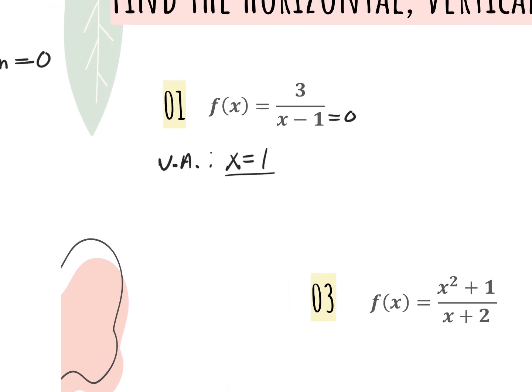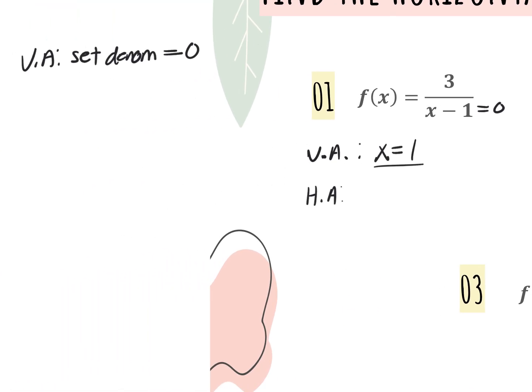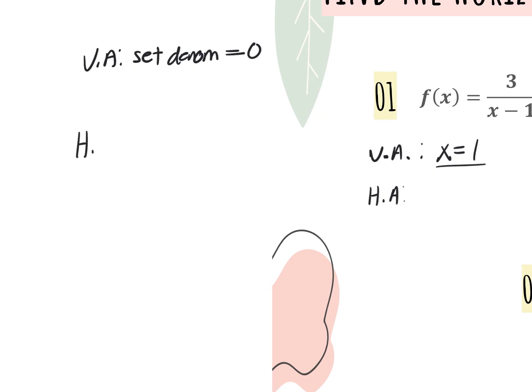All right. Next thing that we want to try to find is the horizontal asymptote. So again, for the horizontal asymptote, there are 3 cases. All right. So case number 1 is it's going to be y equals 0. Case number 2, it's y equals the leading coefficient of the numerator over the leading coefficient of the denominator.